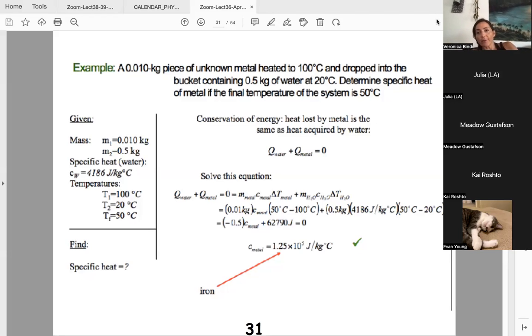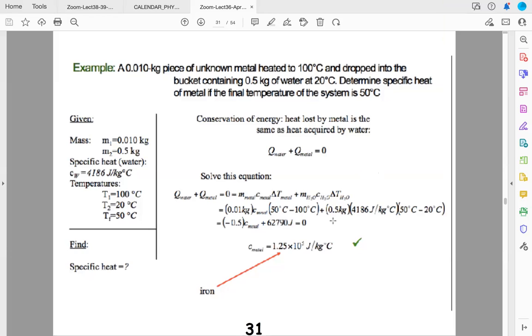And then for the Q of the water, we have 0.5 kilogram multiplied by C of the water, multiplied by T final minus T initial. T final is 50 C, T initial was 20 C. So the water is increasing its temperature, we are providing heat. So all this quantity here is going to be positive.